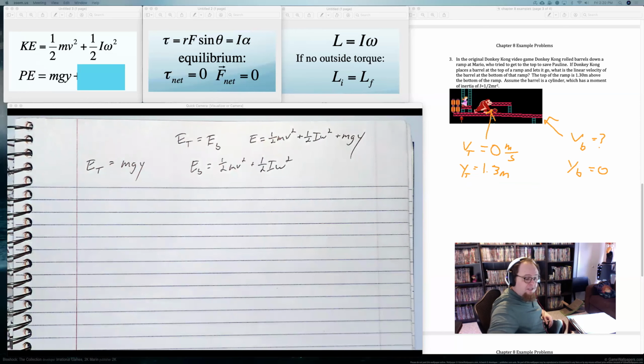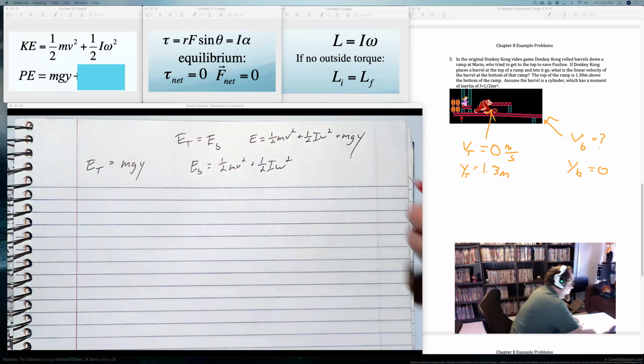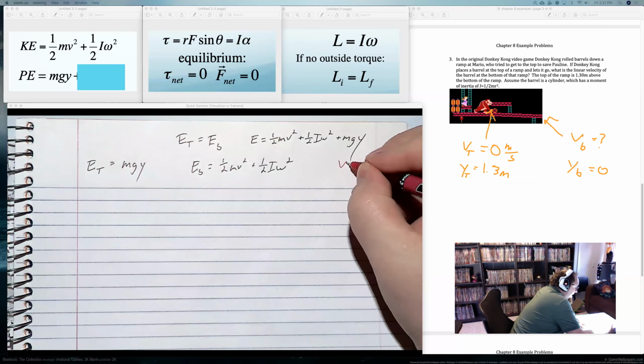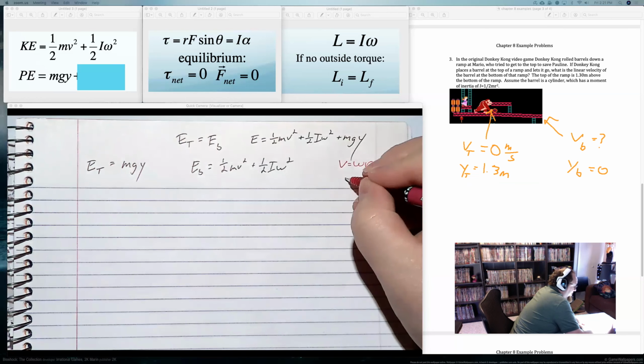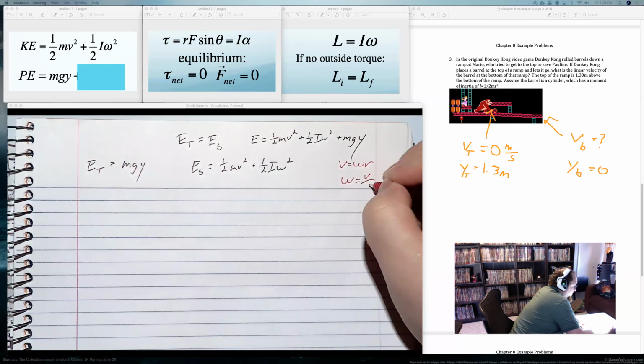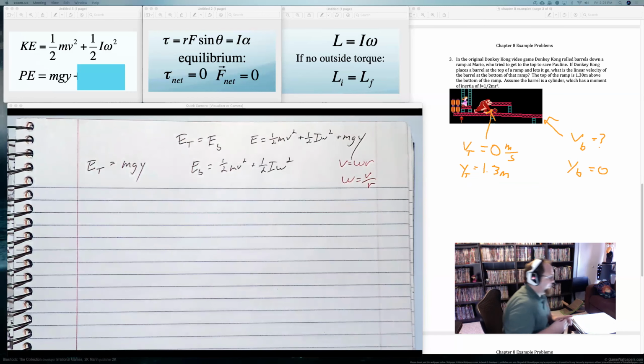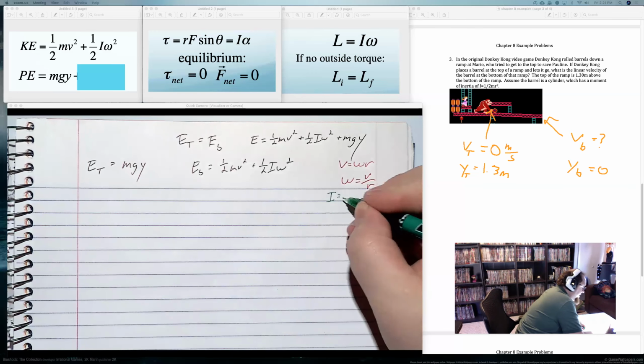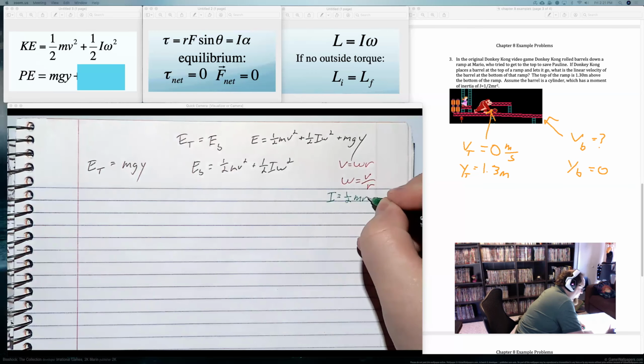And those two bits are related. They're related as V equals omega R, or rearranging, omega equals V over R. I also know that it's a cylinder. And for a cylinder, the moment of inertia is given as 1/2 mr squared.